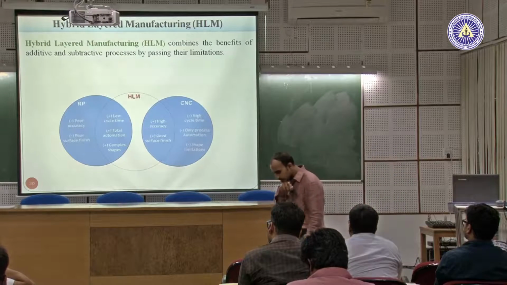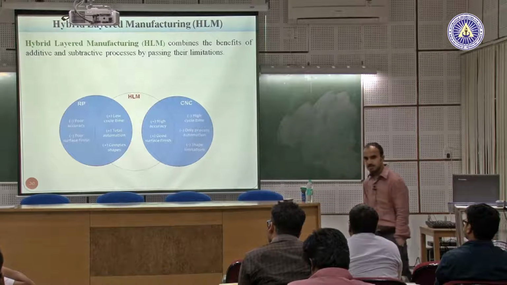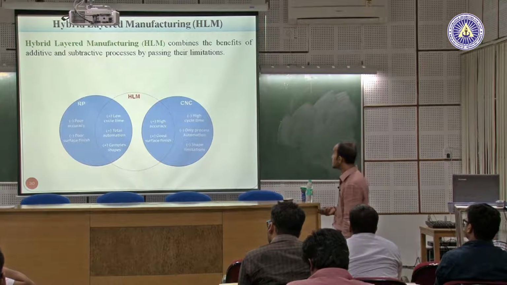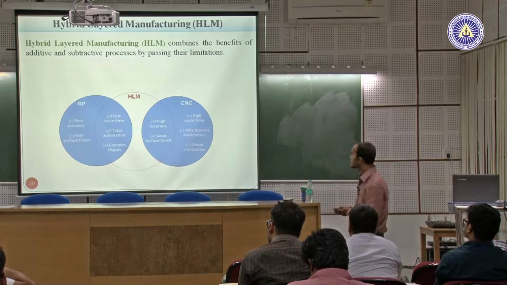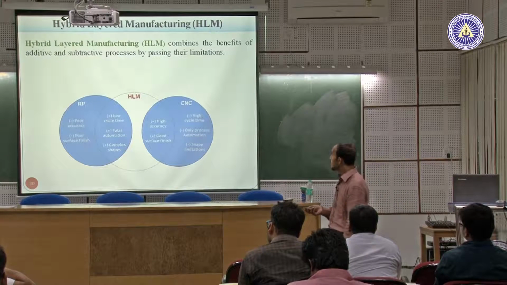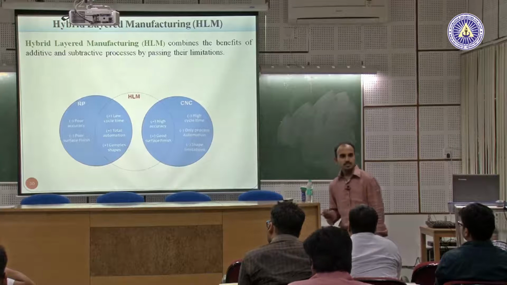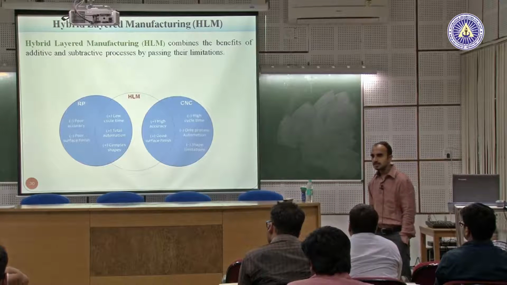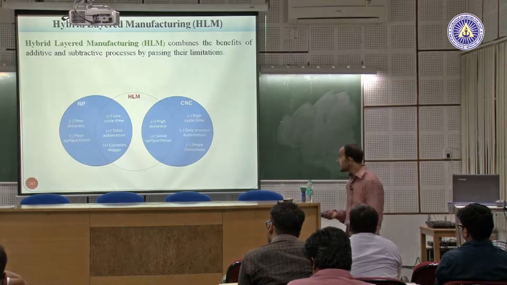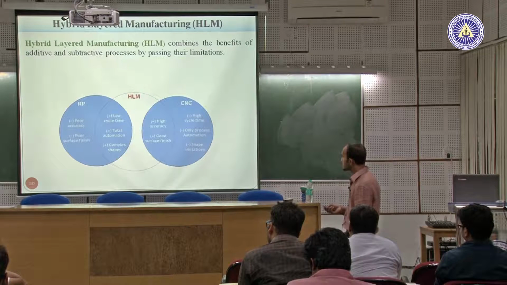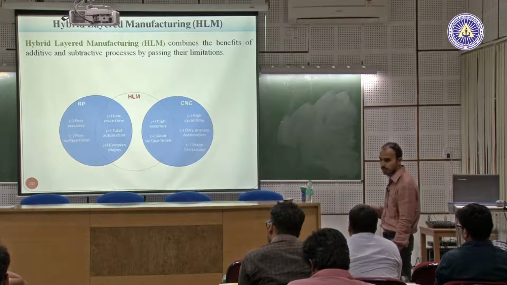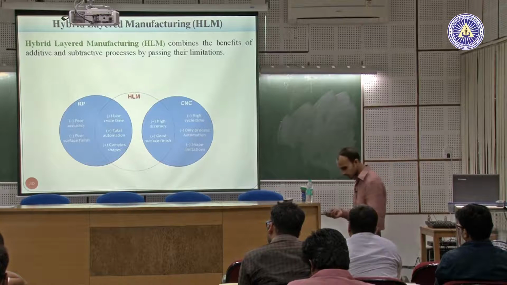But now this additive layer manufacturing has some advantages, so new advances and technologies such as hybrid layer manufacturing. Hybrid layer manufacturing is nothing but combining the benefits of the additive and subtractive processes. I am not going into detail on hybrid layer manufacturing, but obviously conventional methods like CNC have some advantages, such as very high accuracy and good surface finish, and additive manufacturing also has some advantages such as low cycle time, total automation, and suitability for complex shapes, because it uses computer knowledge.